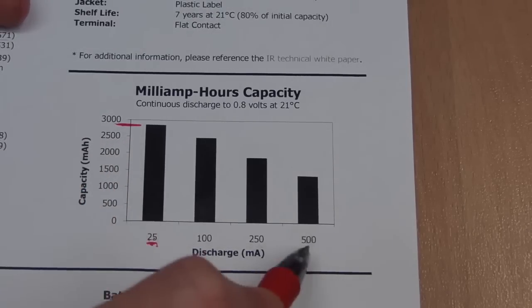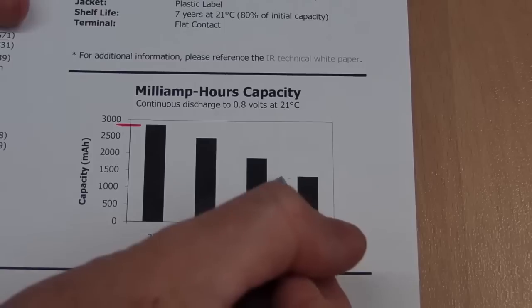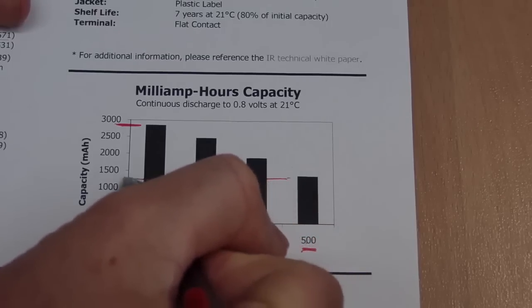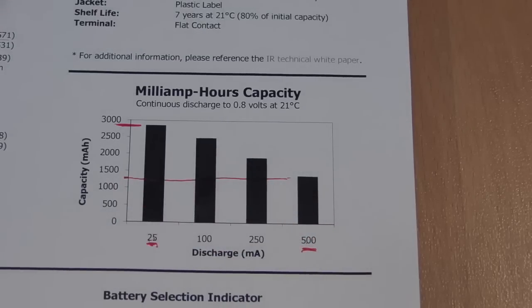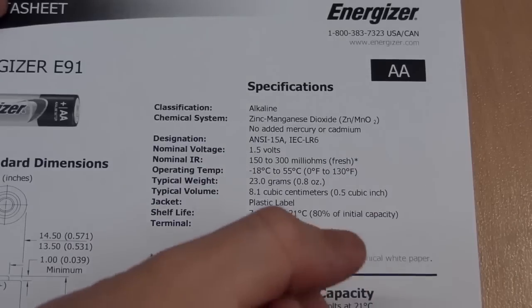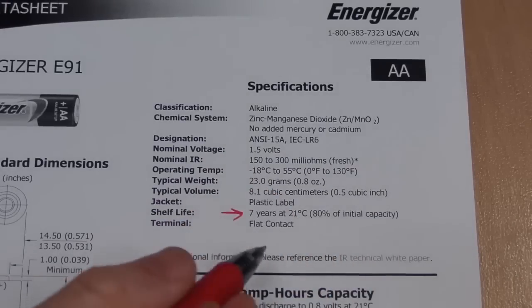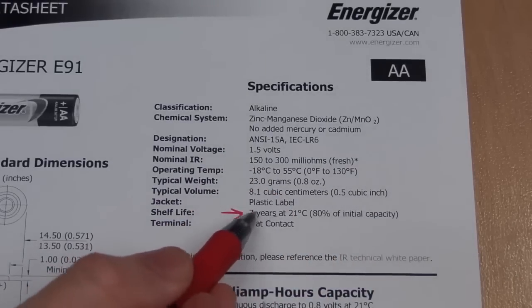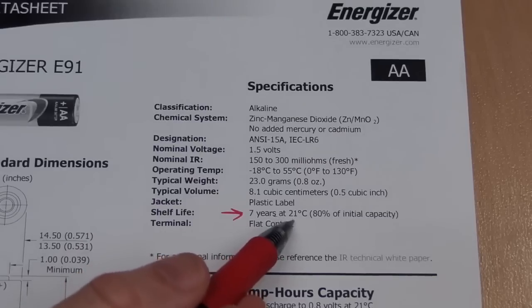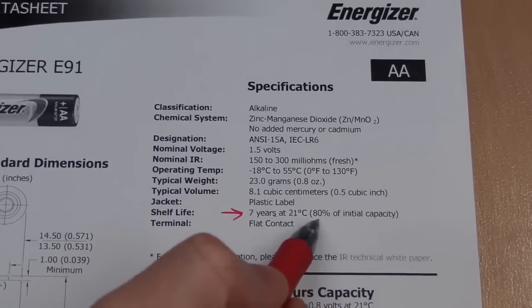But hey, if you go to 500 milliamps, the capacity is only about 1200 milliamp hours, a big difference. And if you take a look at shelf life here, you can see that after 7 years from the date of manufacture at 21 degrees C, it's only going to have 80% of its initial capacity.